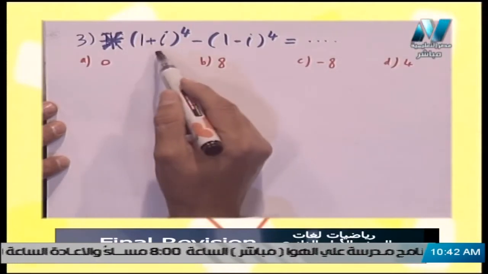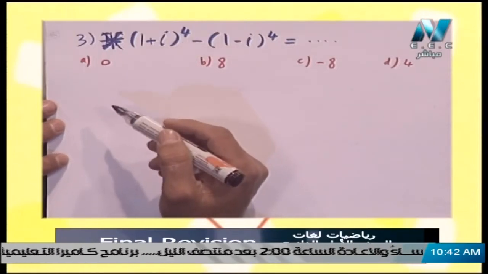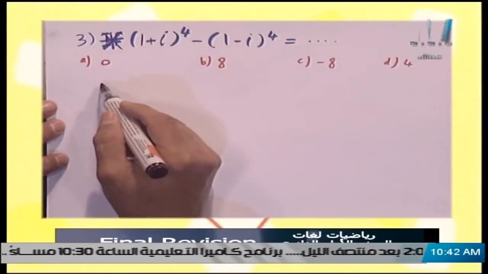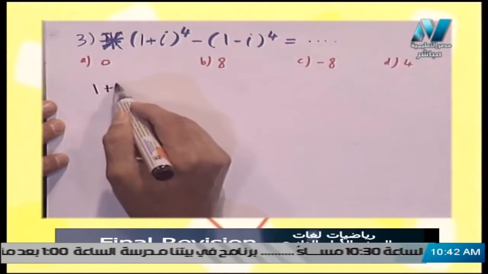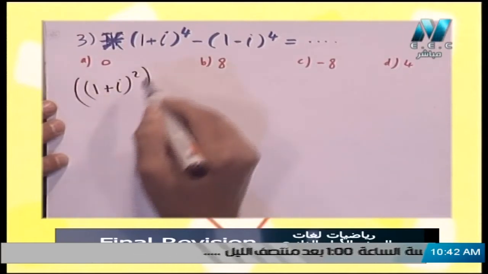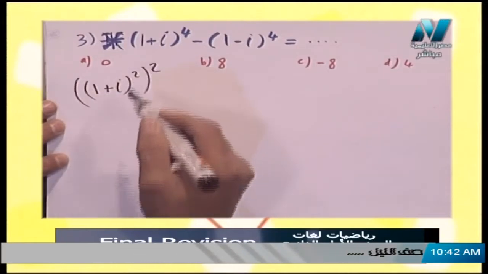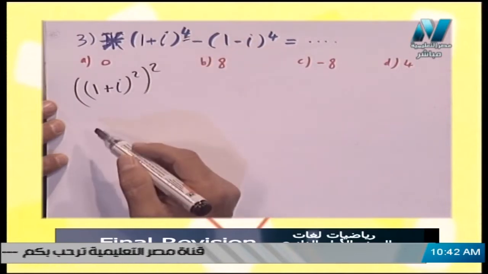We know that (1 plus i) power 4 is difficult for you to find. So we can write it as (1 plus i) all power 2, all power 2 also, because 2 multiplied by 2 equals 4, so it gives the same power.